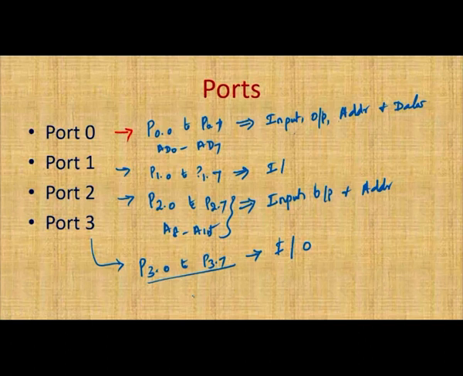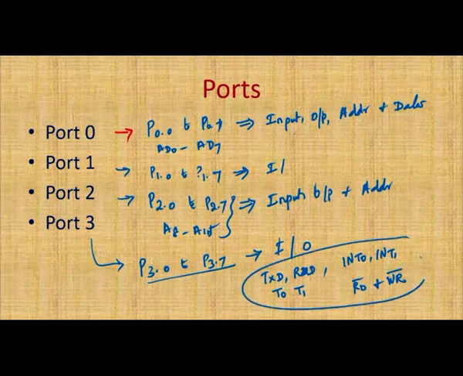Along with that, port 3 supports serial communication by activating the TXD and RXD signals. Then we have 2 timers, T0 and T1, 2 interrupts, INT0 and INT1, and also 2 control signals, read bar and write bar. So these 8 signals are used in port 3. That is why port 3 is also called a multifunction port. These are the functions built in with each port.